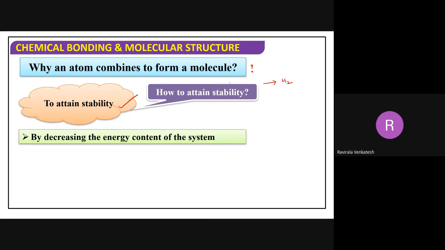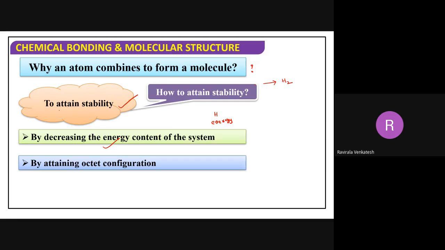Now, how to attain the stability? For example, atomic hydrogen is highly energetic. By decreasing their energy, by releasing their energy, they attain the stability. If you have the highest energy, they're unstable, so they lose energy and attain the stability.